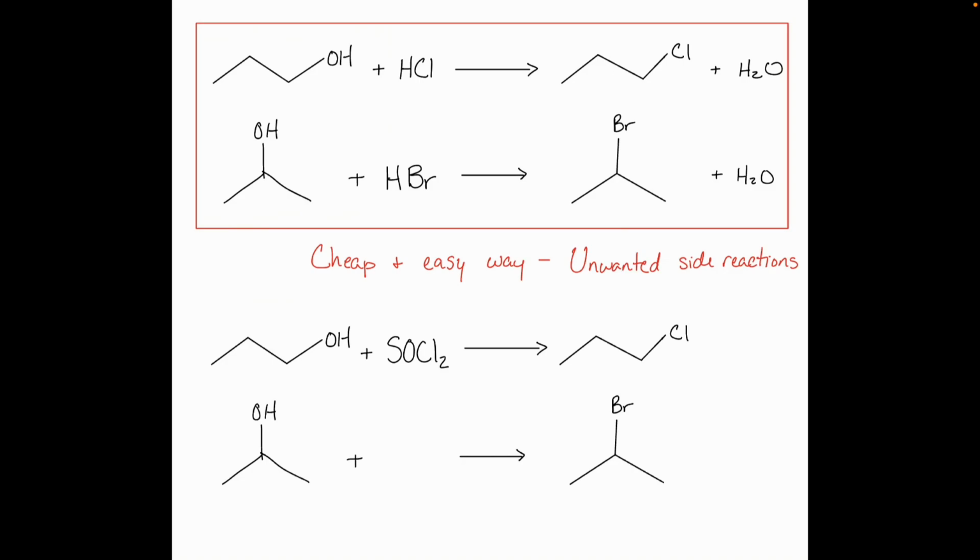All right. If I wanted to substitute on a bromine, we also have another alternative that we can use, phosphorus tribromide, PBr3.